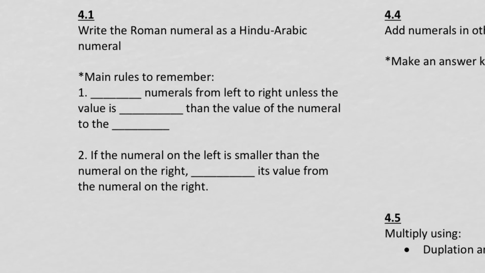Basically, you're going to add numerals from left to right, unless the value is smaller than the value of the numeral to the right. What do you do in that case? Well, that's step 2. If the numeral on the left is smaller than the numeral on the right, then you subtract its value from the numeral on the right instead of adding.